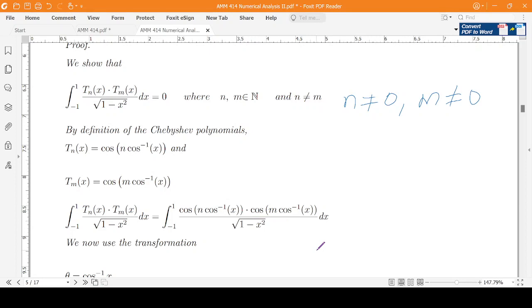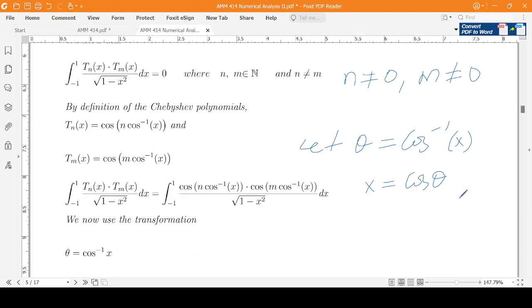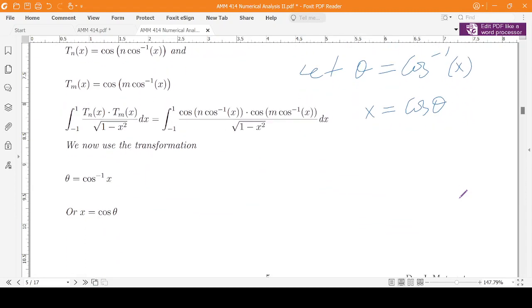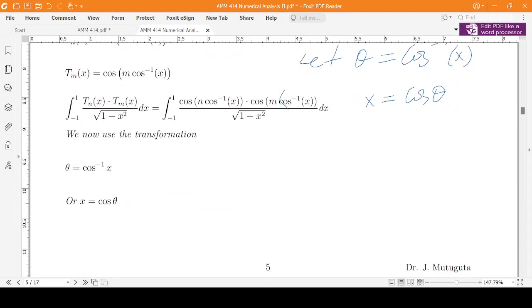We want to set theta to be cos inverse of x, and then x becomes cosine of theta. We want to do that transformation so that where we have cos inverse of x here, we just put theta, and that becomes the integral of cosine of n theta times cosine of m theta.